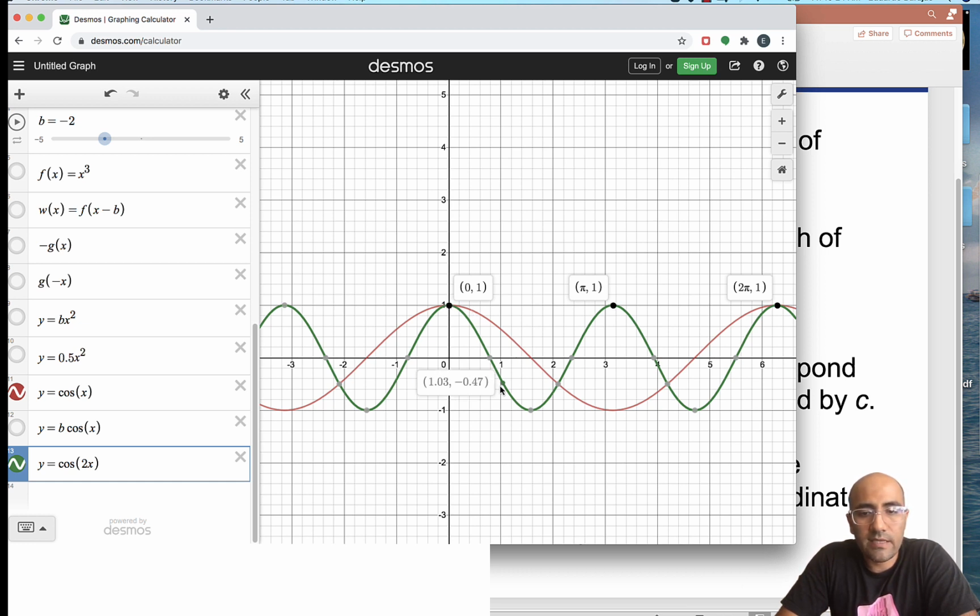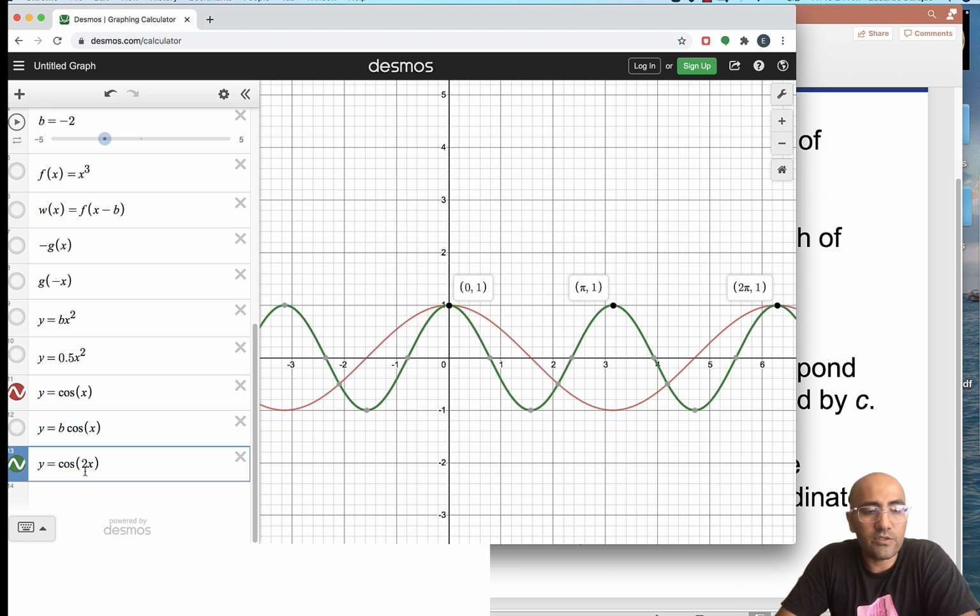So the entire period of cosine gets drawn out in half the space. In degrees, normally a cosine takes from 0 to 360 degrees, but if I just evaluate it from 0 to 180 degrees, I will have experienced every value of cosine one time. So the period gets compressed.